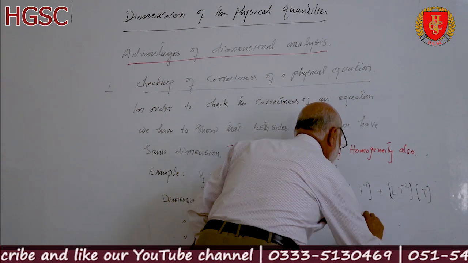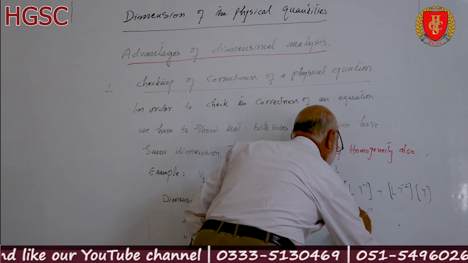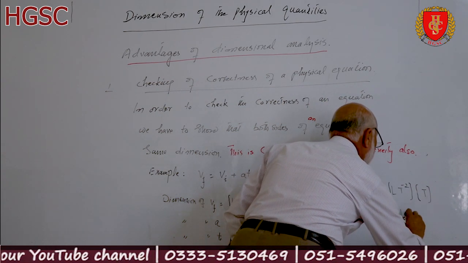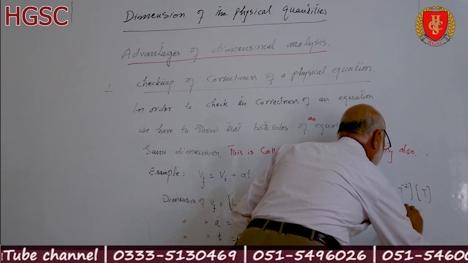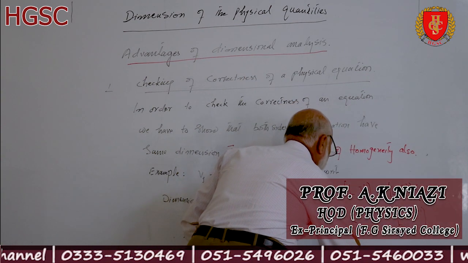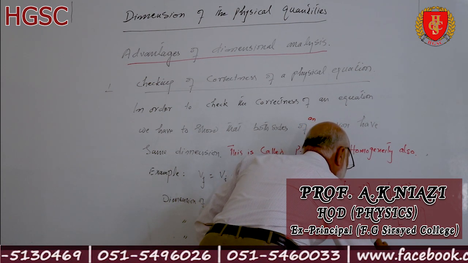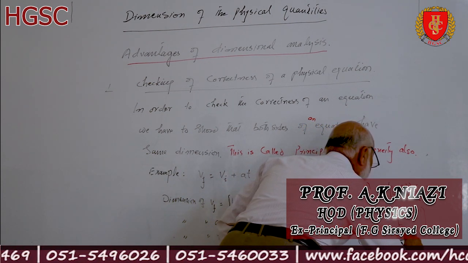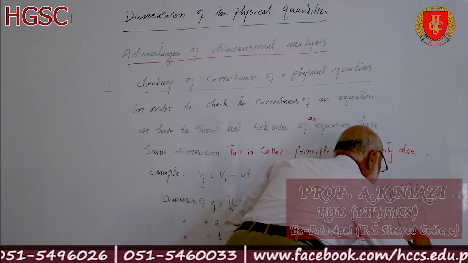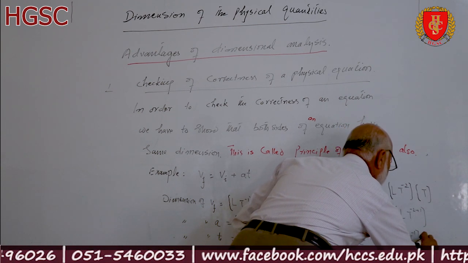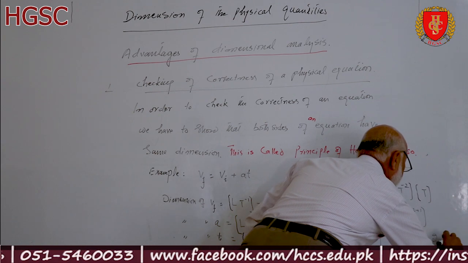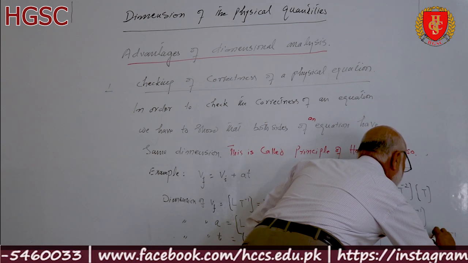This is L t minus 1 plus L t minus 2 plus 1, which is equal to L t minus 1 plus L t minus 1. This is 2 L t minus 1.